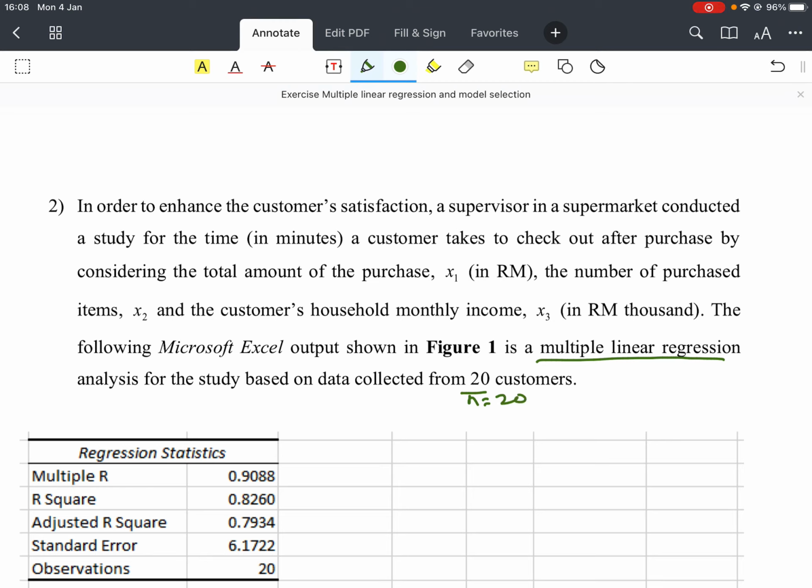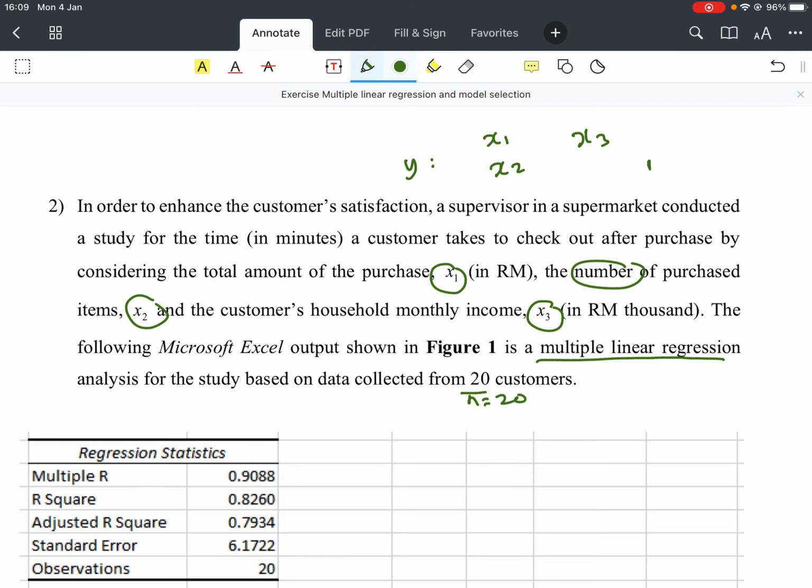So, how many predictors do we have here? We have amount of purchase x1, number of purchase items x2, and household monthly income for the customers x3. So you have y, the time a customer takes to check out of the purchase, and then x1 is the amount of purchase, x2 the number of purchase items, and x3 the customer's household income.